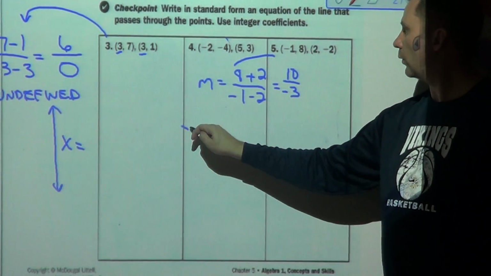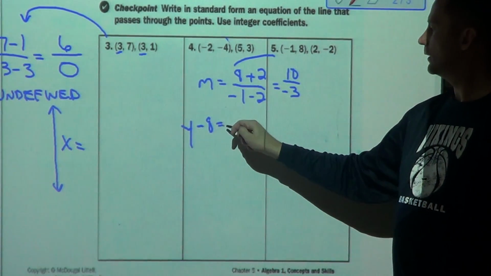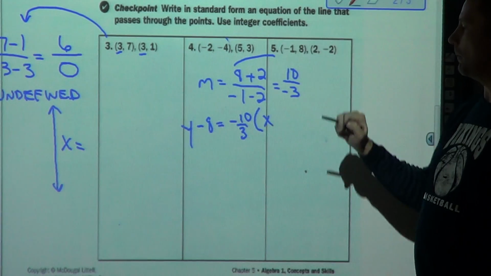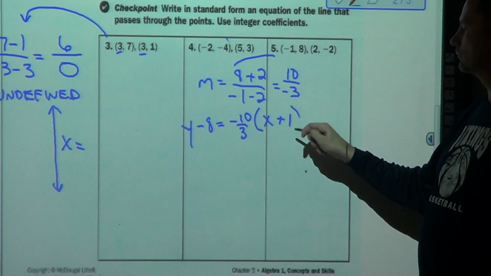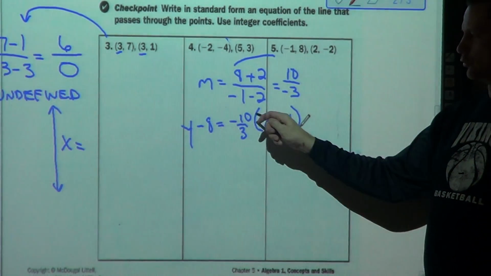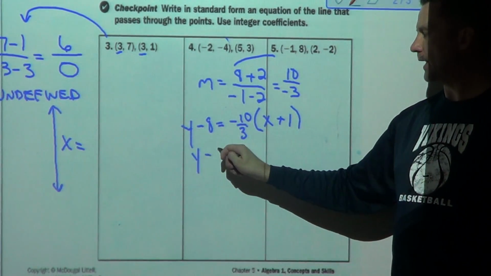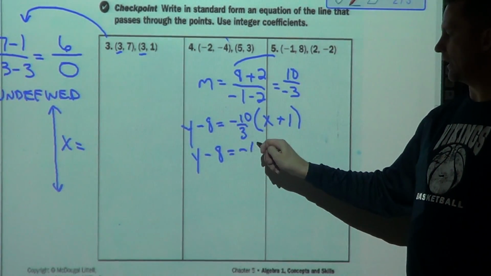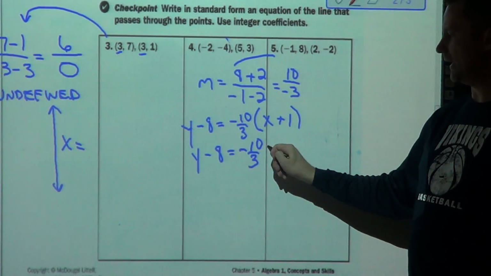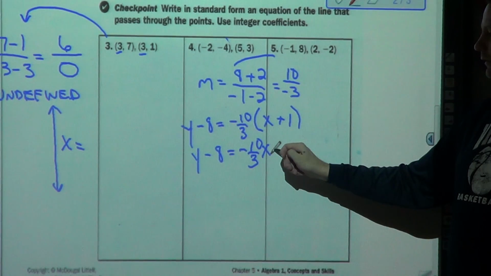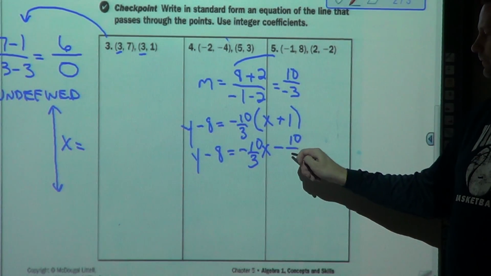So it'll be y minus 8 equals -10/3 times x minus a -1, which is +1. Okay, next step would be to distribute the slope, get rid of the parentheses. So y minus 8 equals -10/3 times x is just -10/3 x, and then -10/3 times 1 is just -10/3.